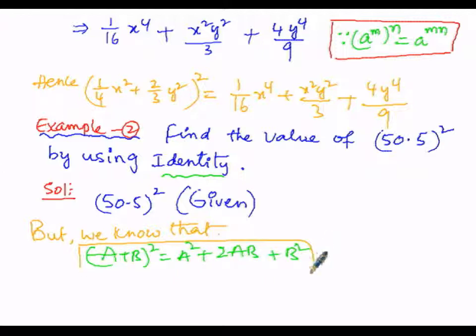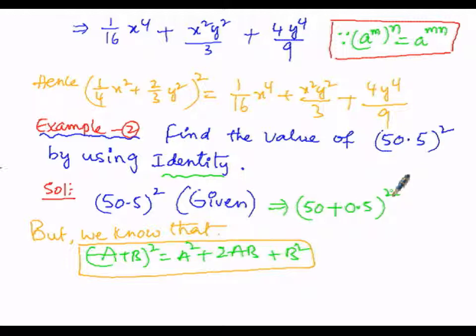So 50.5 whole square can be written as 50 plus 0.5 whole square. So I have split 50.5 as 50 plus 0.5 whole square.